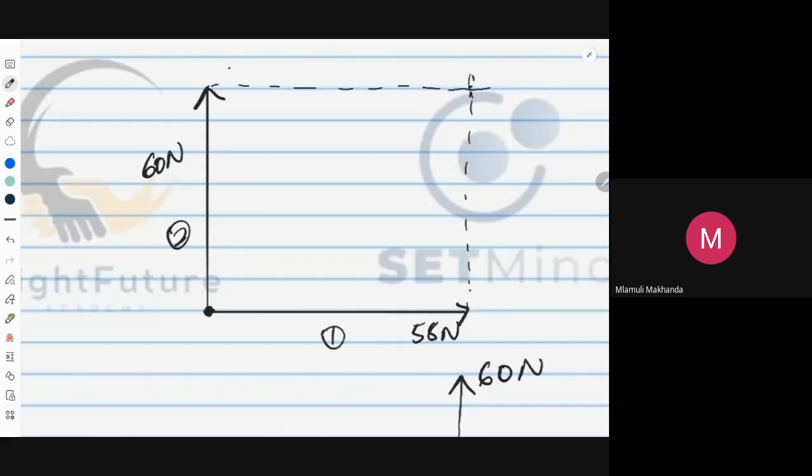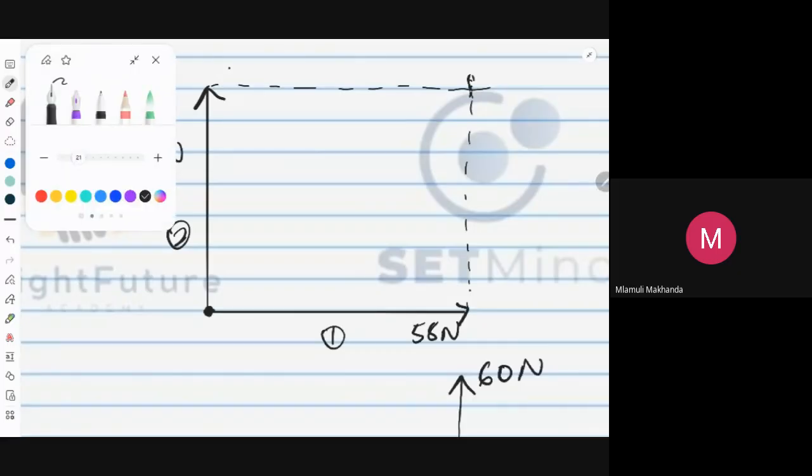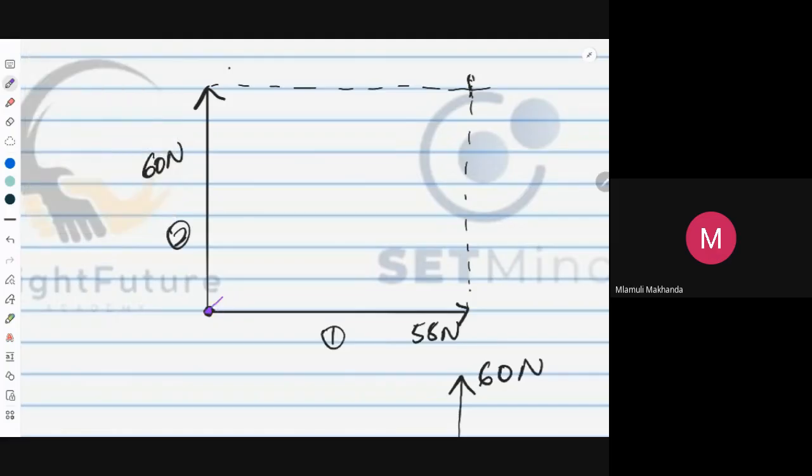And where they connect, that's where the head of your resultant vector will go. So for instance, in this case, you would have the resultant vector starting here where they join, right? And then you draw it to where these parallel lines cross. So that's how you do tail to tail. It's also called the parallelogram method.